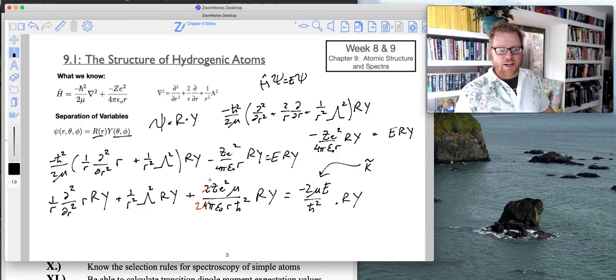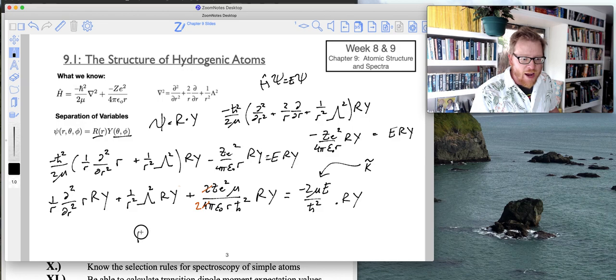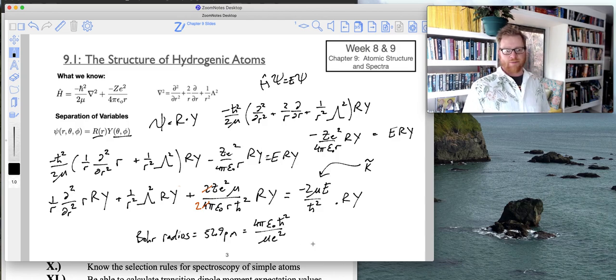Also, another cool side note, if we look at the collection of all of these constants here, I just want you to compare this for 1 second. I'm going to write our famous Bohr radius, which you all know is 52.9 picometers. So the Bohr radius equals 4 pi epsilon h bar squared divided by mu e squared.